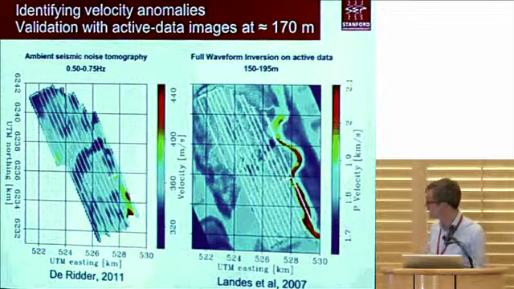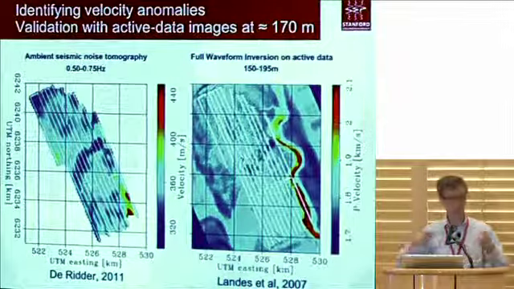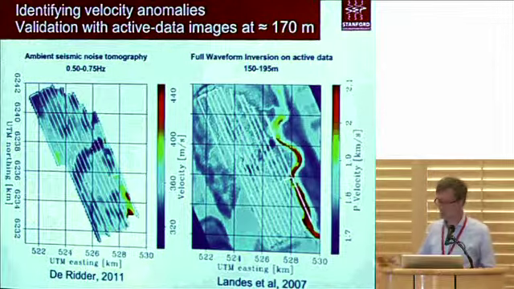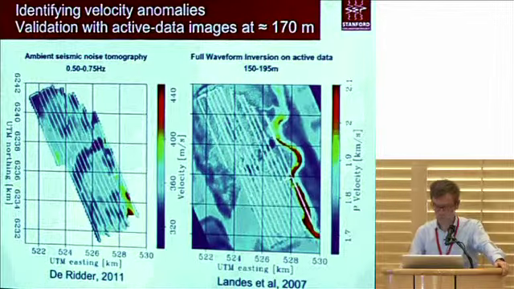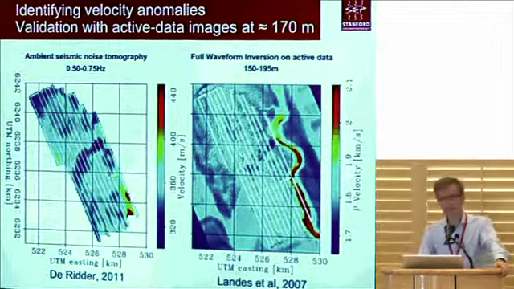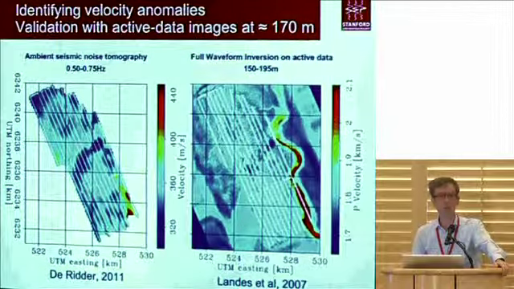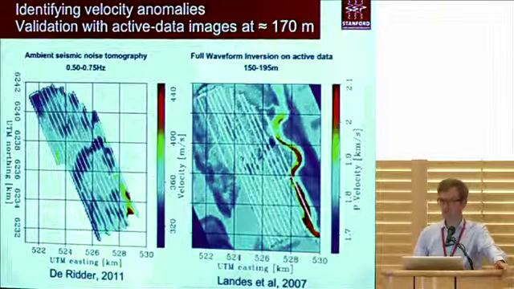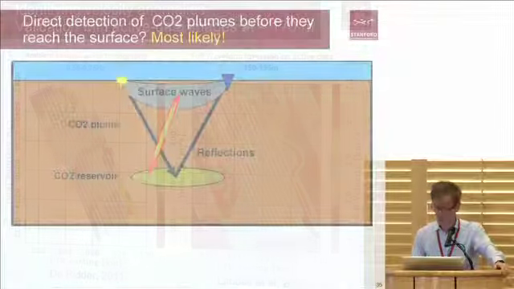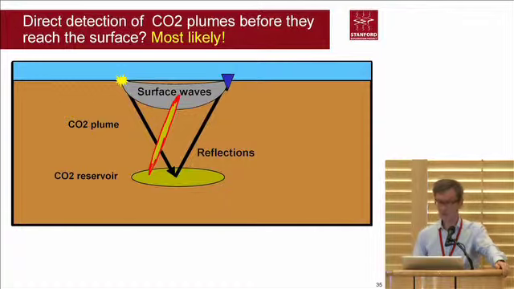With the passive data, we are only stuck with creating our virtual sources that correspond to the position of the receivers, so we just image within the array. So indeed, I think that I'm comfortable that we will be able to detect low velocity anomalies in the near surface of at least a few hundred meters if CO2 is coming towards the surface.